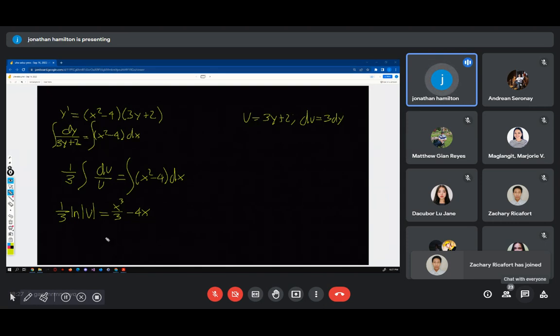And then we can change this value into 1/3 ln absolute value of, atong value of u is 3y plus 2. So we have 3y plus 2, and then equals to, same gihapon, x cubed over 3 minus 4x.